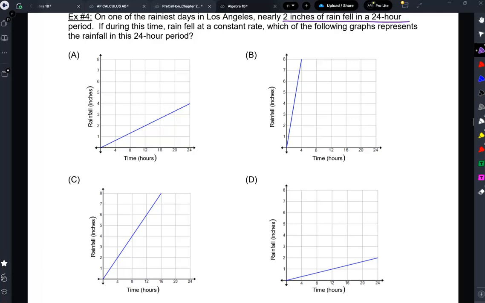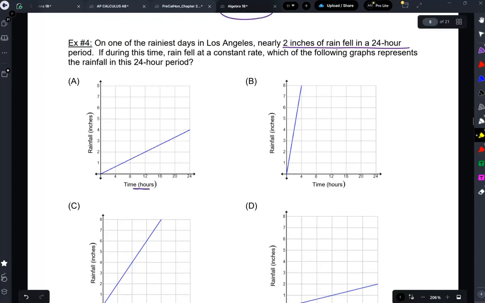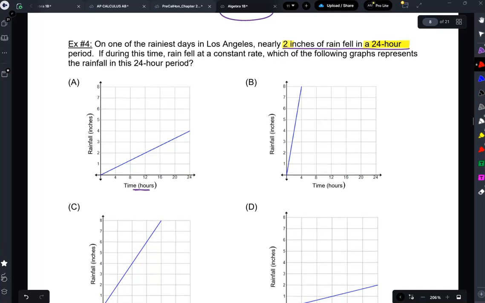Yeah. D does not go above 2 inches, while all the others go above the 2 inches of rain that fell down. Right. So we have to look at what is given here. We have time and rainfall, right? So this is saying in 24 hours, 2 inches fell. Look at this first one. This is 24 hours. In 24 hours, how many inches fell on this one? 4.